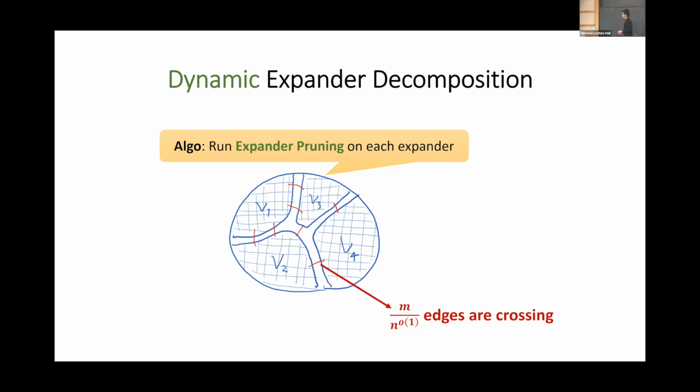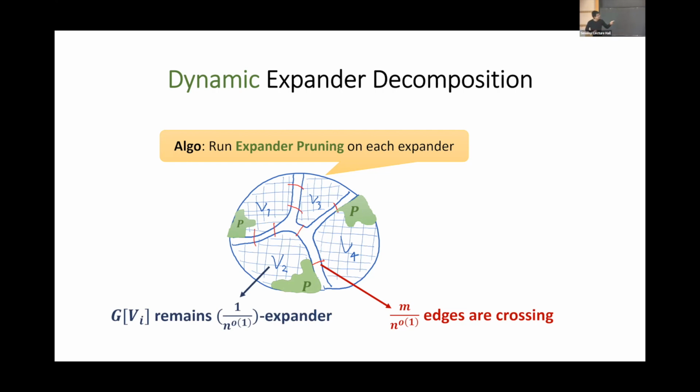Well, you get some prune set on each expander. But note that as long as the number of updates is not too big, this prune set in total is going to be small. And also the remaining part, the complement of the prune set, is still an expander.